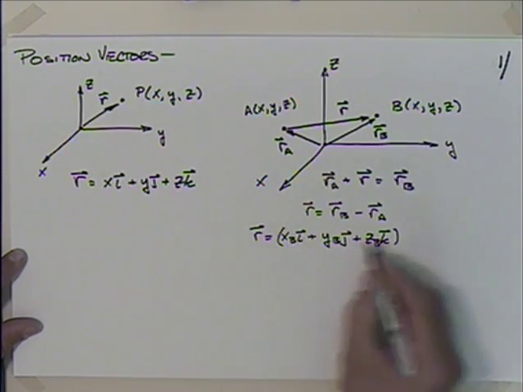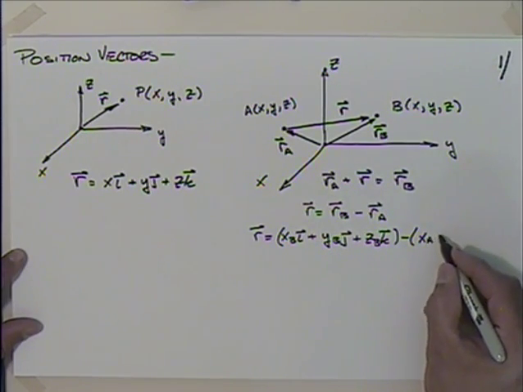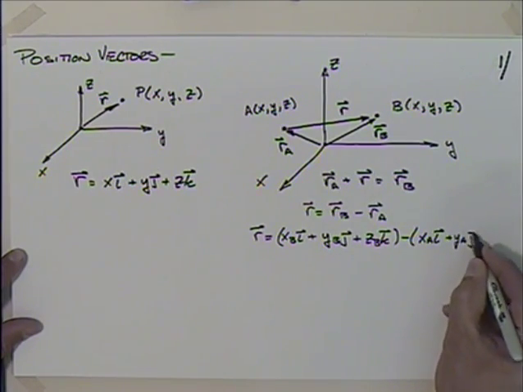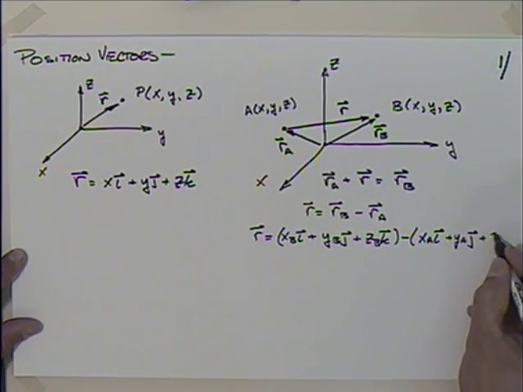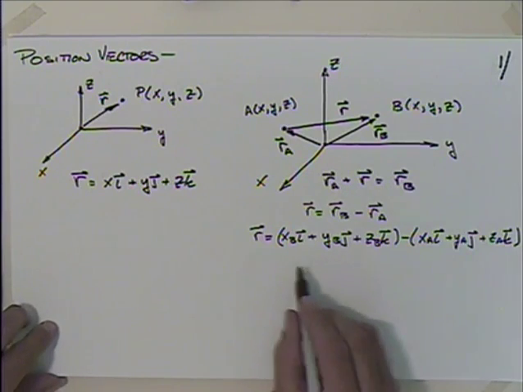And then I need to take that and I need to subtract off x sub a in the i direction plus y sub a in the j direction plus z sub a in the k direction. Sure I've got those right, a's and b's, yep.